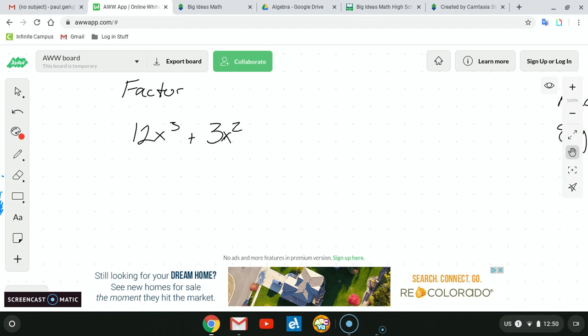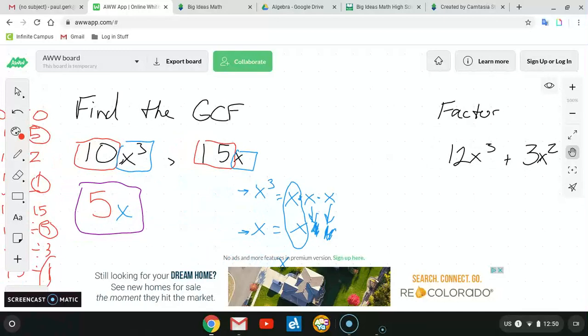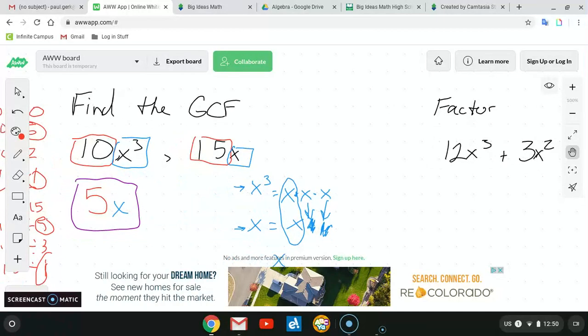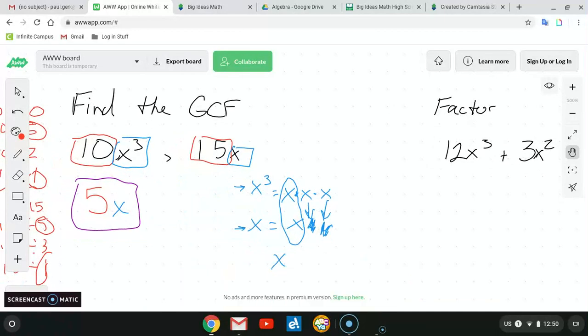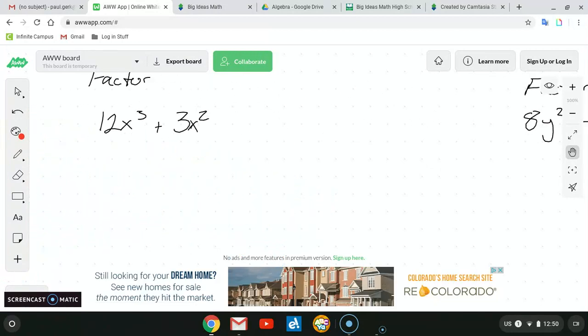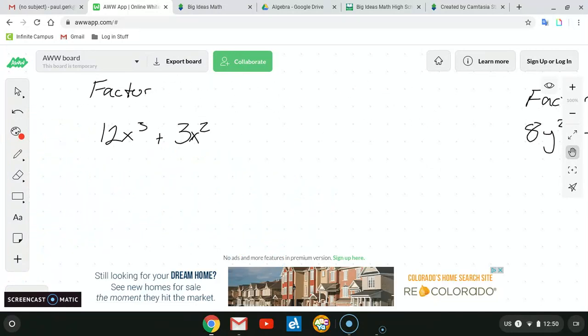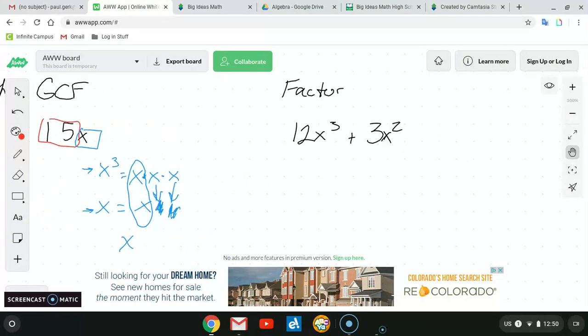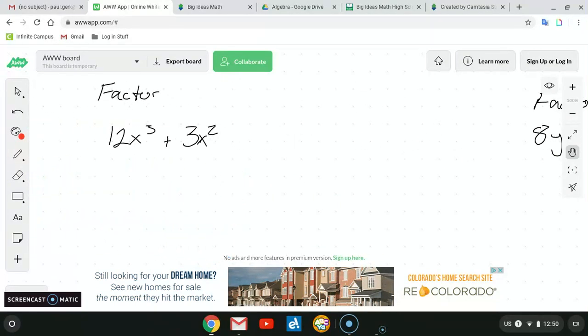We're going to do the exact same stuff that we were doing over here, finding the GCF of the two terms, the 10x cubed and the 15x. I've got two monomials, just like in the last two, but there's a plus there. So we're actually undoing the distributive property. We're going to factor, or undo, this one using the distributive property.